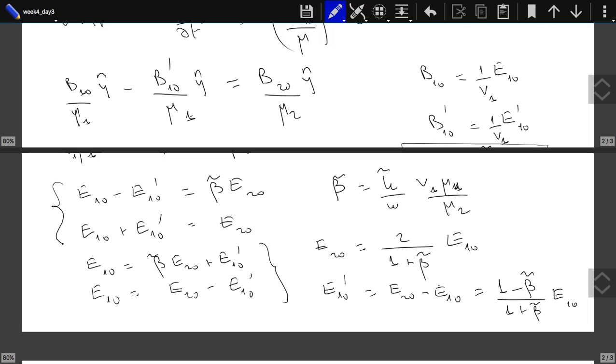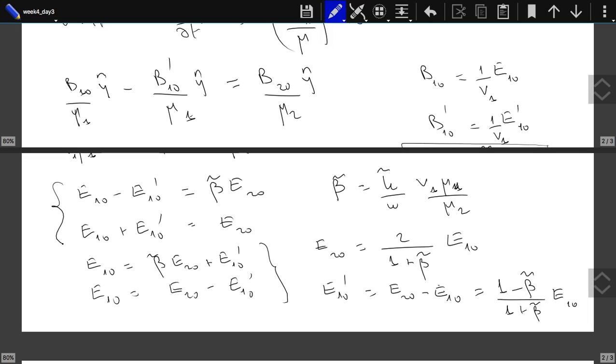This combination, in the limit when beta tilde is infinite, or when we apply this formalism to a very good conductor, turns out to be almost equal to twice E10. Well, that is kind of expected because E10 prime, we just found out, is minus E10.